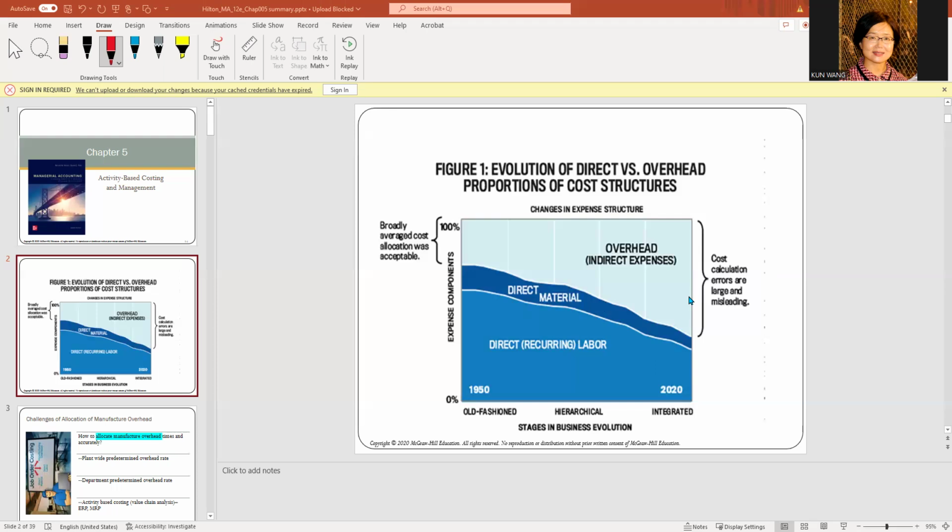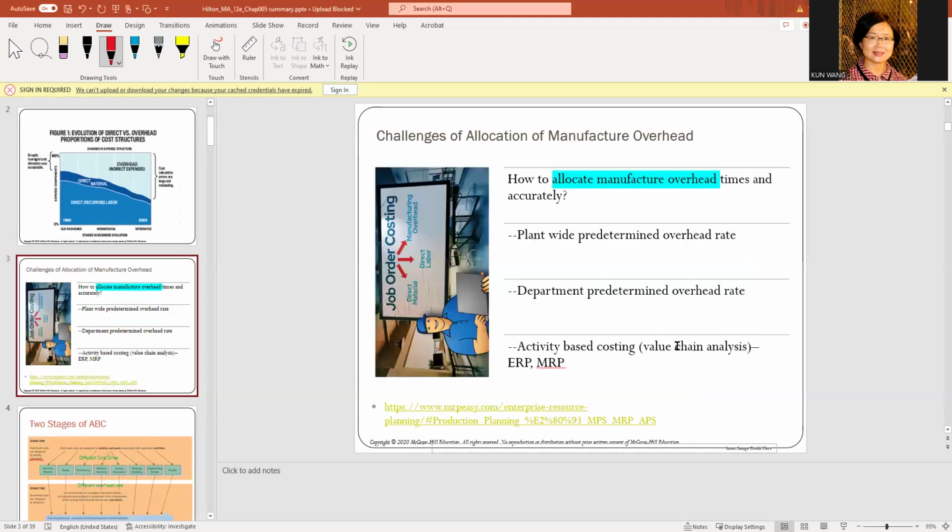chosen by the business. So in that case, let's review the different options to allocate the manufacture overhead among the products or services. Initially, when the manufacture process is relatively simple, so we call it the traditional manufacture industries, the production process in the whole company is more homogeneous.